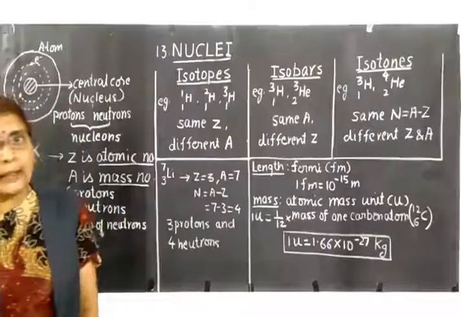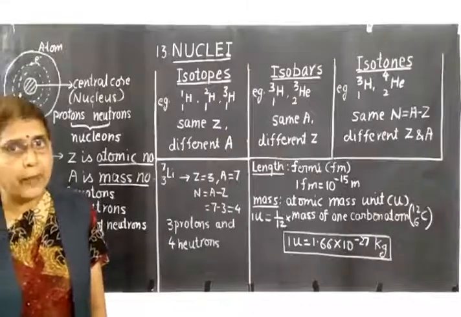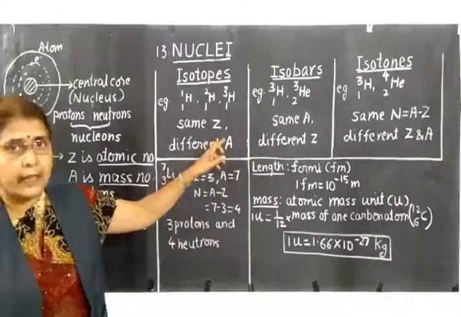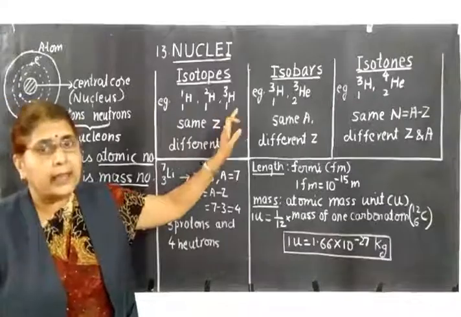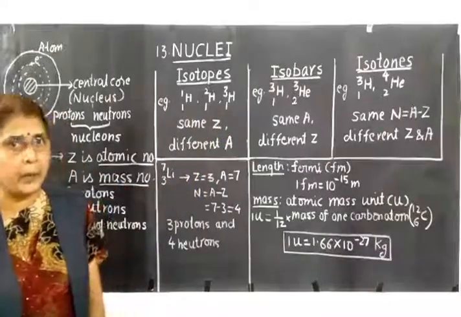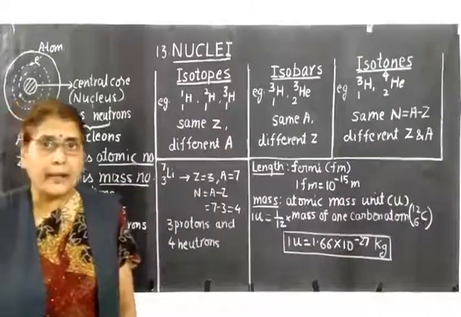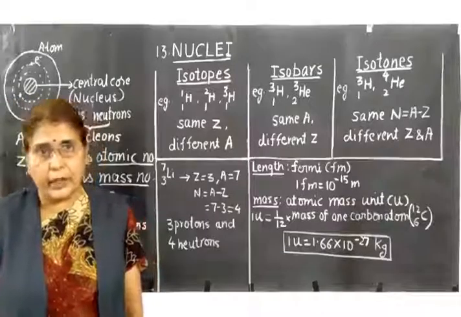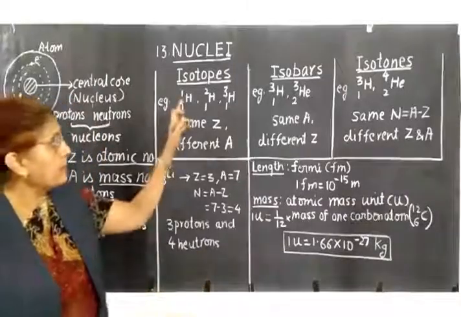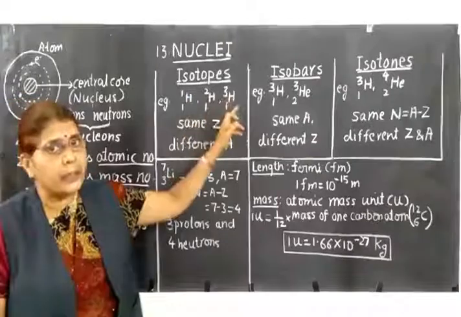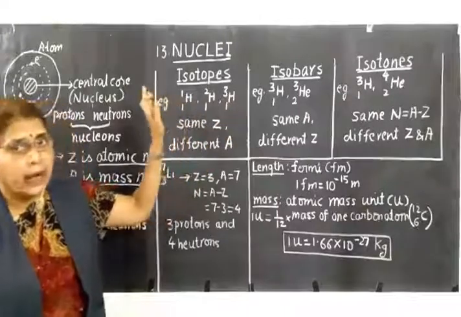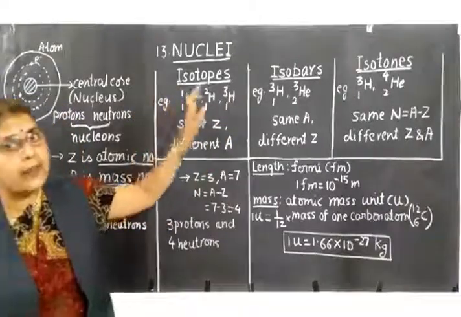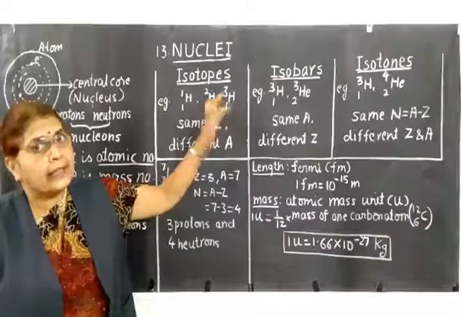And you know that the chemical properties of an element depend upon the value of Z. Because Z is the same for all of these, they have the same chemical properties and they occupy the same position in the periodic table. And therefore they are nuclei of the same element. H is common here. So these nuclei represent only one single element.